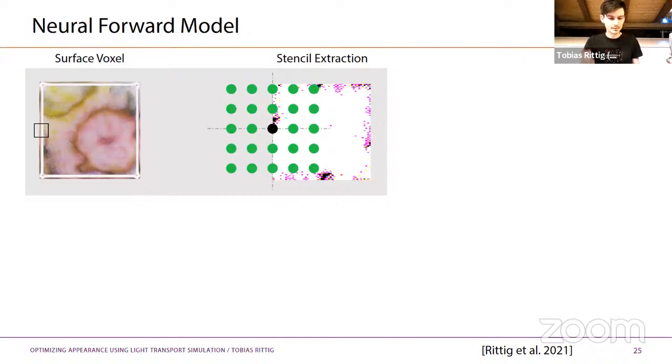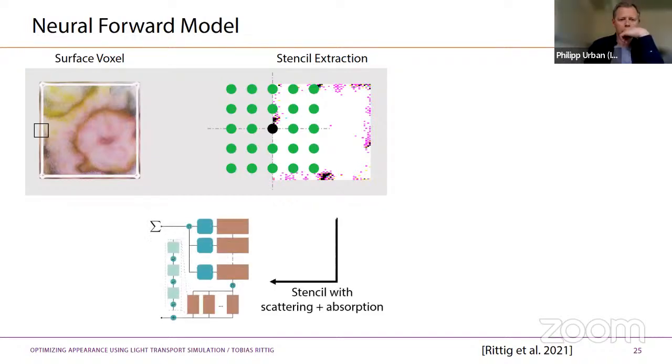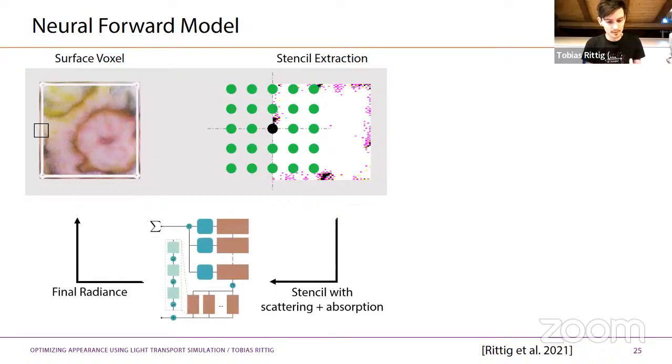And we sample the materials that are around it in a certain grid and look up what the materials are around this point. Then for these, we look up the scattering and absorption coefficients, which we then feed to the neural network, and we get a single radiance value out of it. This radiance value we can then put back into our voxel grid at this position and be done.